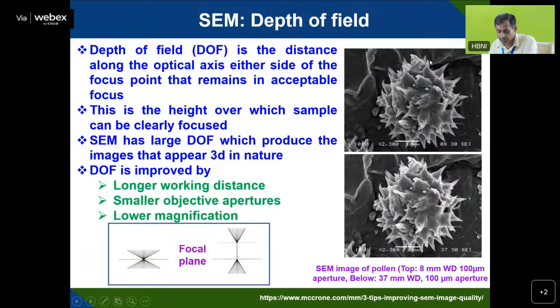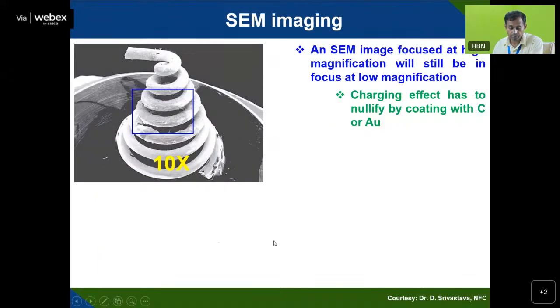You can see how the image quality changes between these. The depth of field is longer for a longer working distance, smaller objective aperture, and lower magnification. In that case, you can see this type of profile.